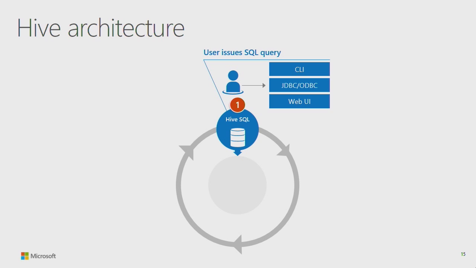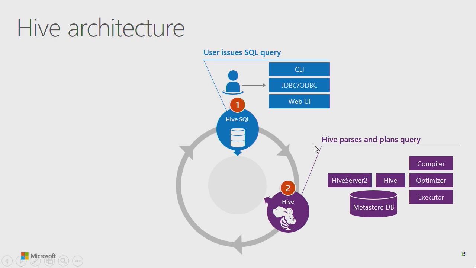The user issues a SQL query using a web UI, a command line interface, or a JDBC ODBC driver, and this is sent in the form of a Hive SQL query. Hive takes this, parses this query and plans a query, right?